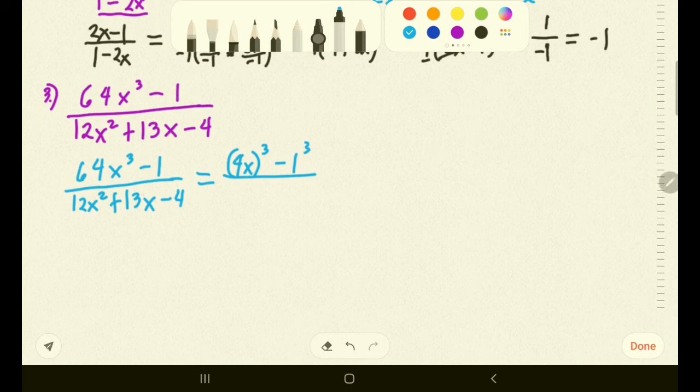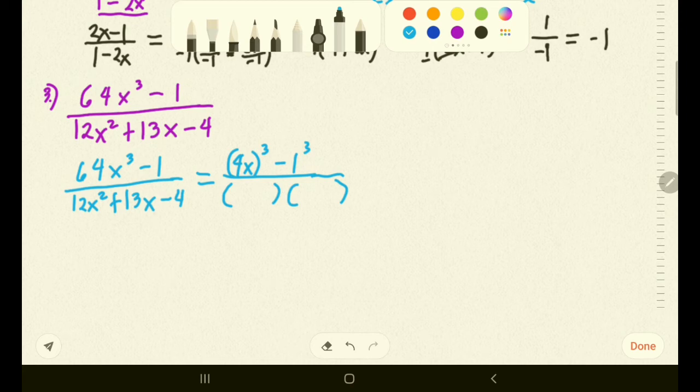How about the denominator? 12x squared plus 13x minus 4. As you observe, there is no GCMF. Since there are 3 terms, you could use factoring trinomial. As expected, you have 2 binomial factors.